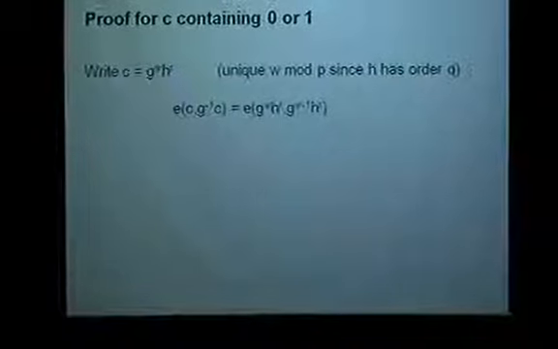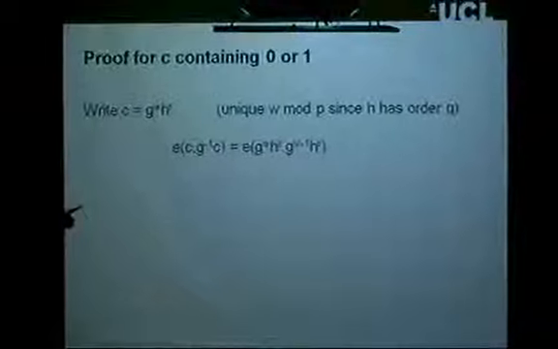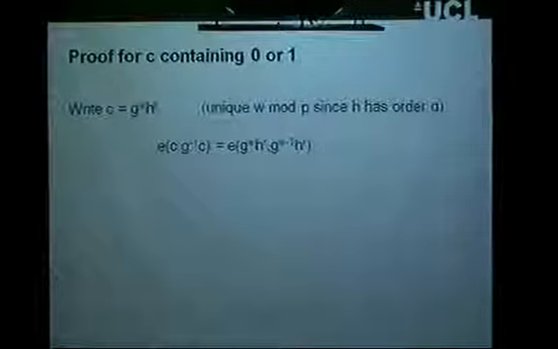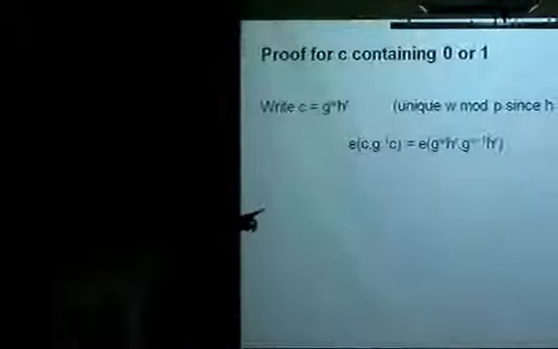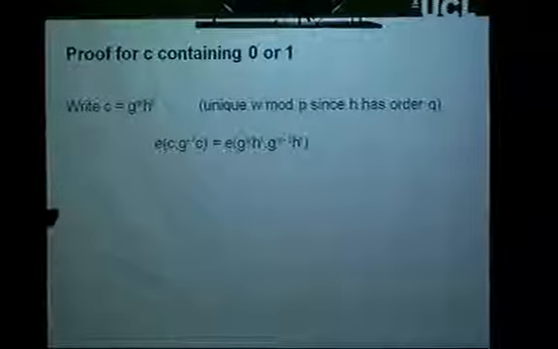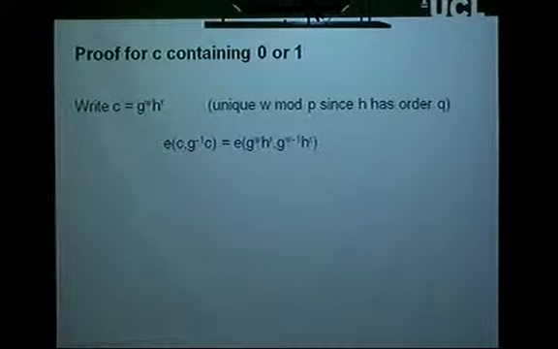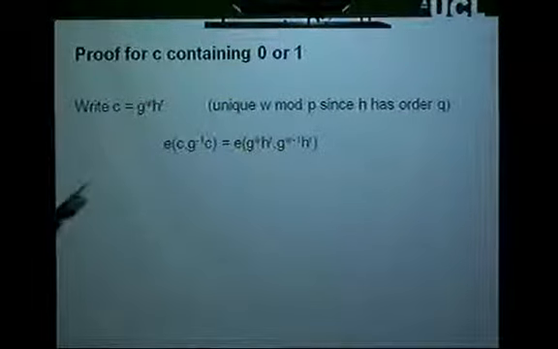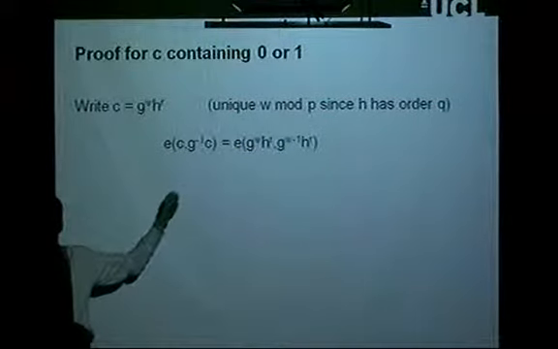If w is 0, then the first one is just h to the r, so that has order q. If w is 1, then the second one is just h to the r. In other words, it has order q. So if w is 0 or 1, this paired value will have order q.